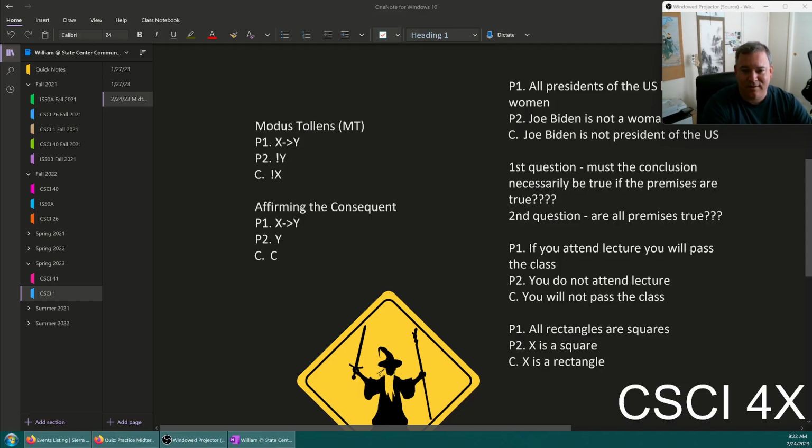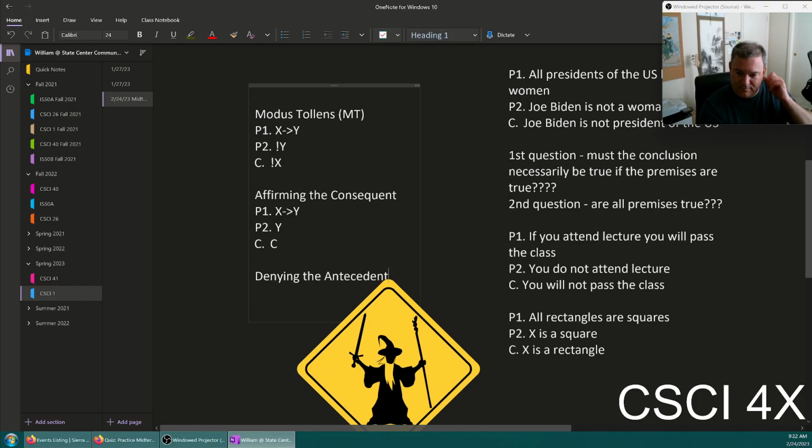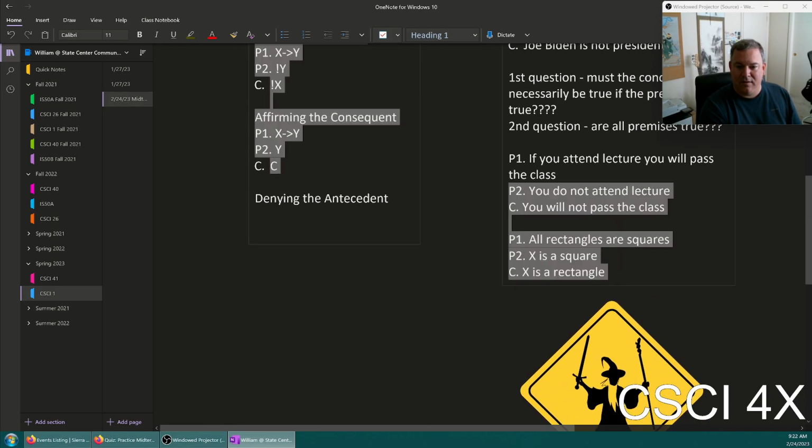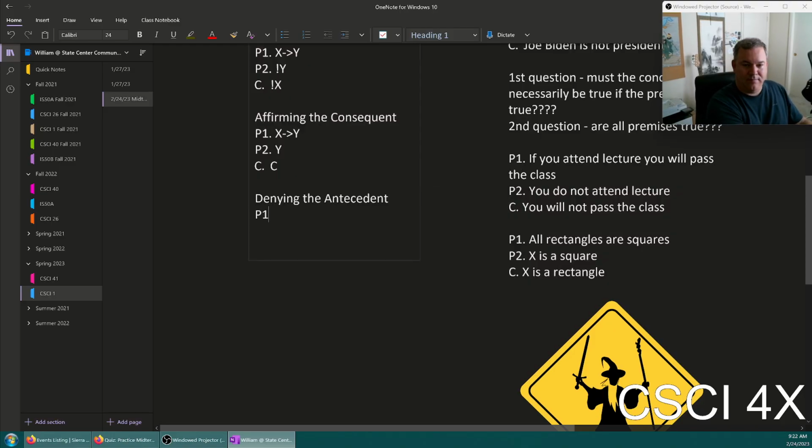Here's the form of modus tollens. Here's the form of affirming the consequent. What we had here was denying the antecedent. Premise 1, x implies y.